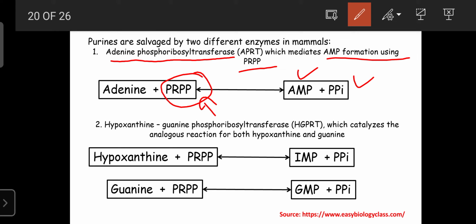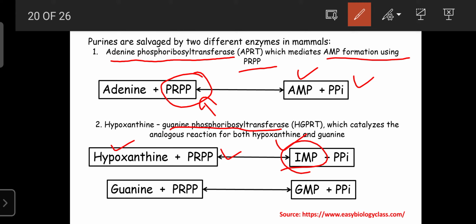And the second enzyme is hypoxanthine guanine phosphoribosyl transferase, also known as HGPRT. This enzyme can utilize hypoxanthine as well as PRPP and is involved in the formation of inosine monophosphate, which is required for the formation of adenine and guanine nucleotides.